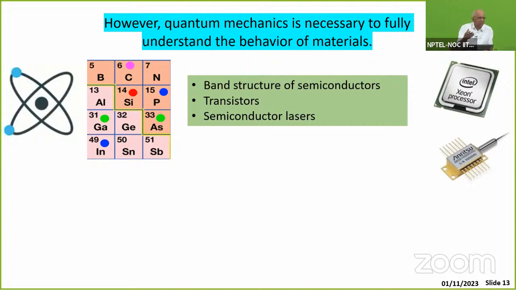A transistor works basically on a PN junction, right? It's a diode. So what would be an important parameter in a PN junction?